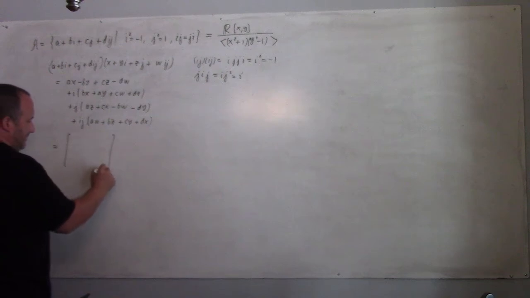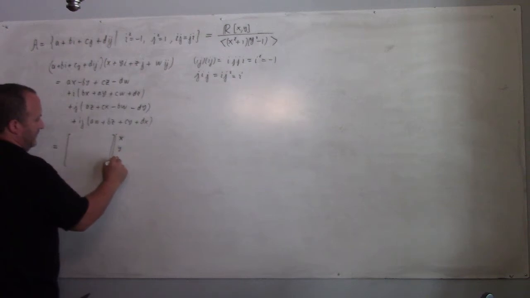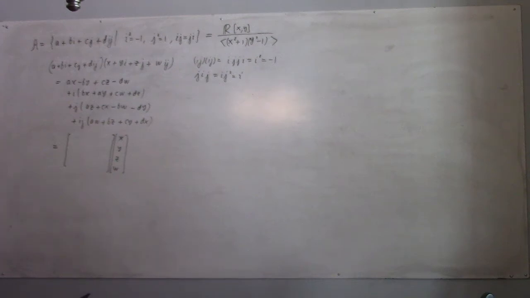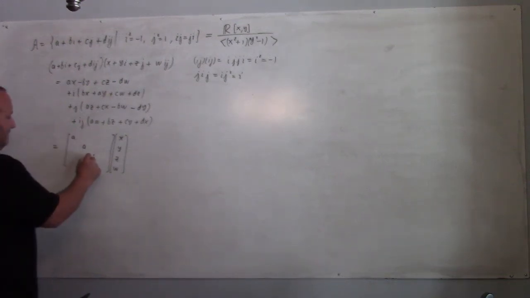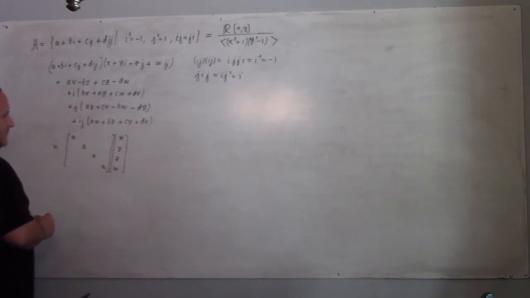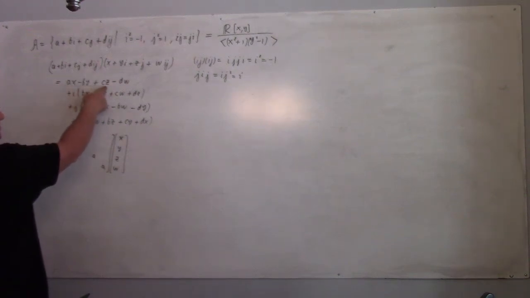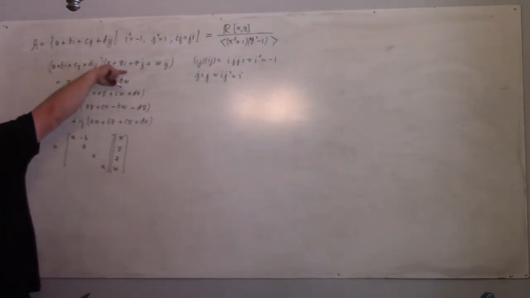Whatever I put here will be the regular representation. So A plus IB. I'm going down by column. Gotta go component by component.